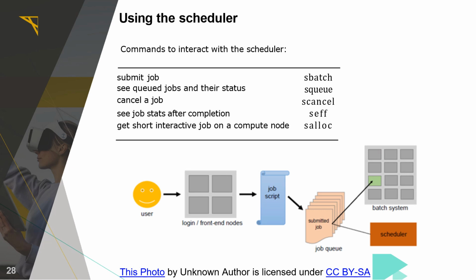Now, when the job finishes, the outputs are saved to an output file that you will specify, and you can also check the logs to see if there were any issues whilst the job was running. So the user can then download the results using SCP. Same SCP we use to transfer the files can also be used to download the results, or you can analyze them directly on the cluster.